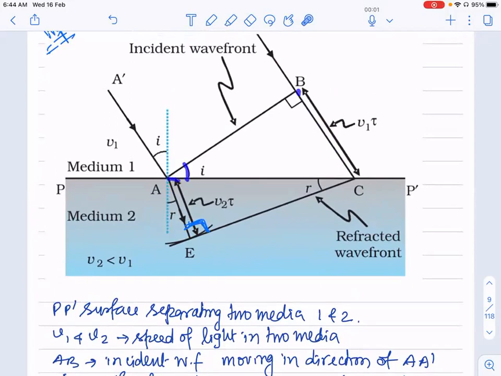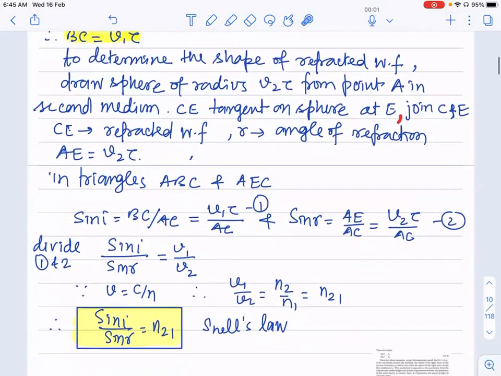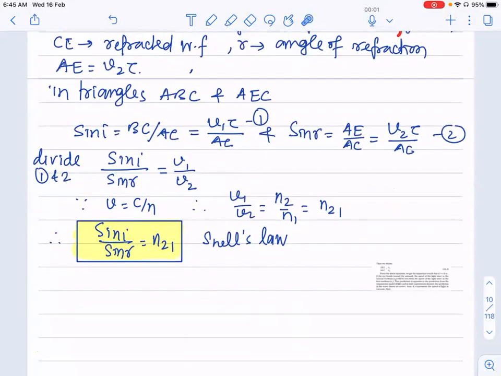Sin I will be opposite upon hypotenuse, और sin R, ये एंगल R होगा तो ये R है, ये 90 माइनस R हो जाएगा, ये 90 तो ये R हो जाएगा जैसे, or sin r will be opposite, that is AE upon hypotenuse.